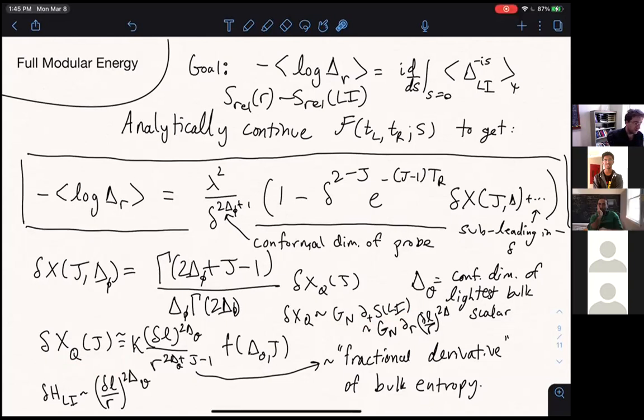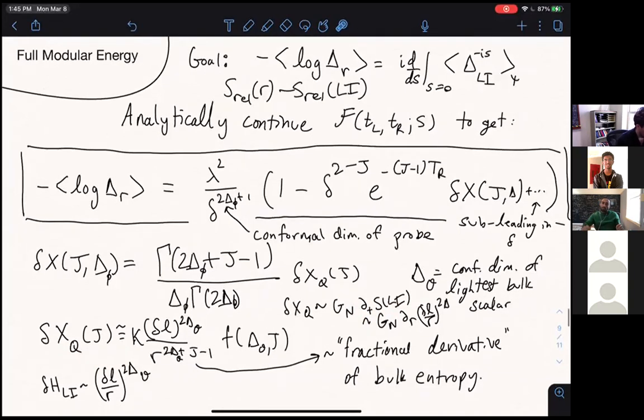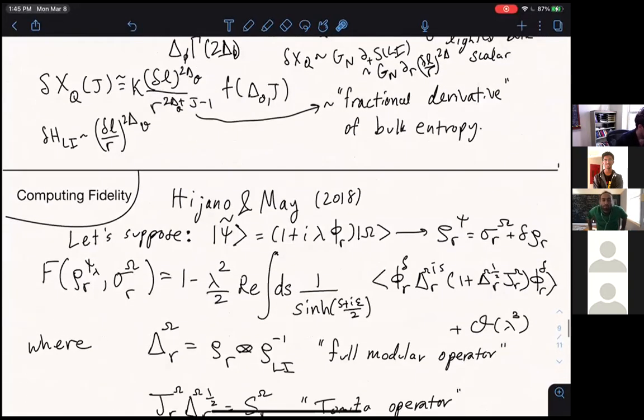For j less than 2, it looks like there's some sort of fractional derivative equation that the position obeys, where the fraction of the derivative is set by the Lyapunov exponent. I'll just say that.